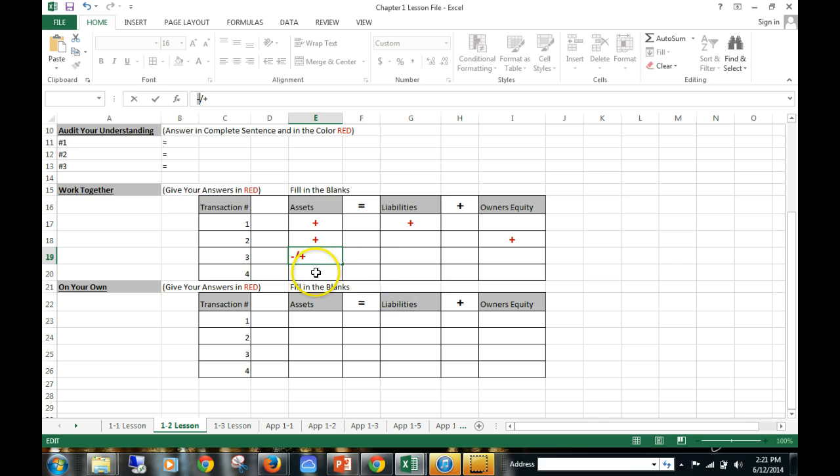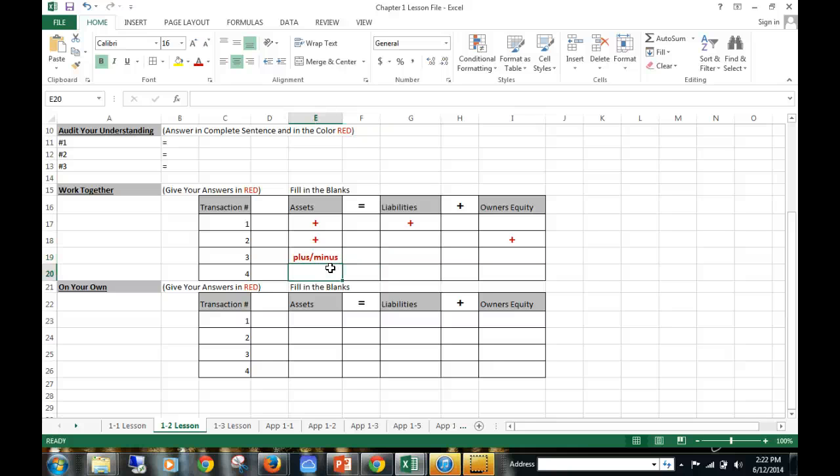Let's try plus minus. Let's shrink this down a little bit. There we go. Again, on this transaction, we paid cash for insurance. We're going to minus our cash. We're going to add to the other asset of prepaid insurance. And that's all for that one.